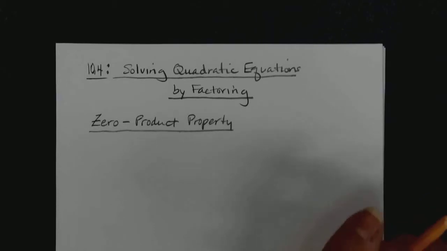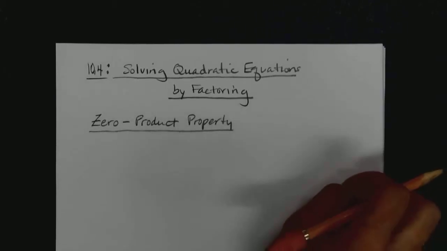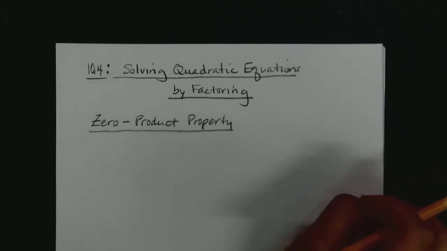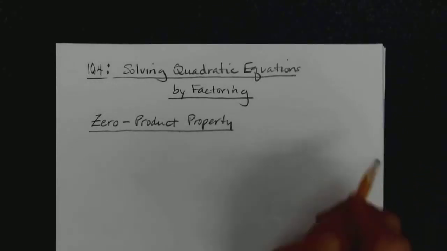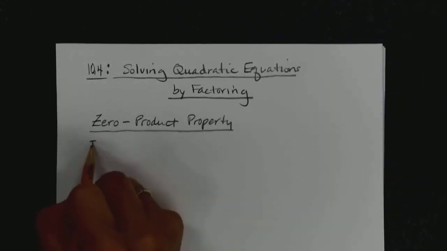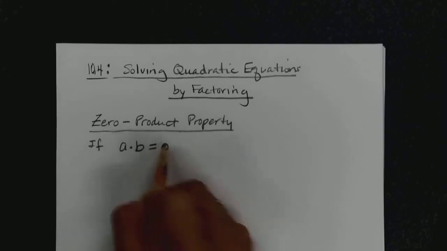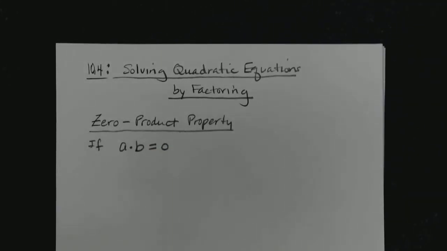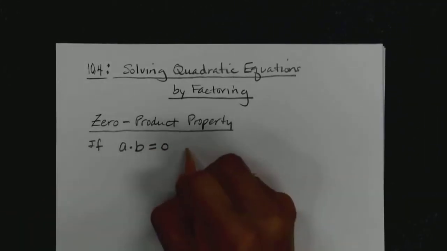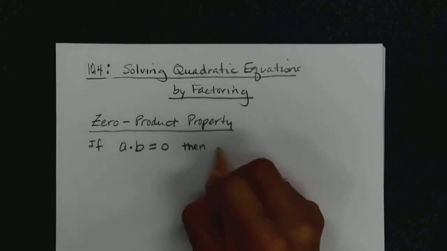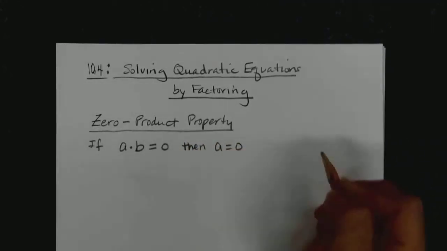Okay, remember, solving is to find where the parabola crosses the x-axis. That means that y is equal to 0. Okay, zero product property says if you have a times b, and that is equal to 0, then a can equal 0, right?